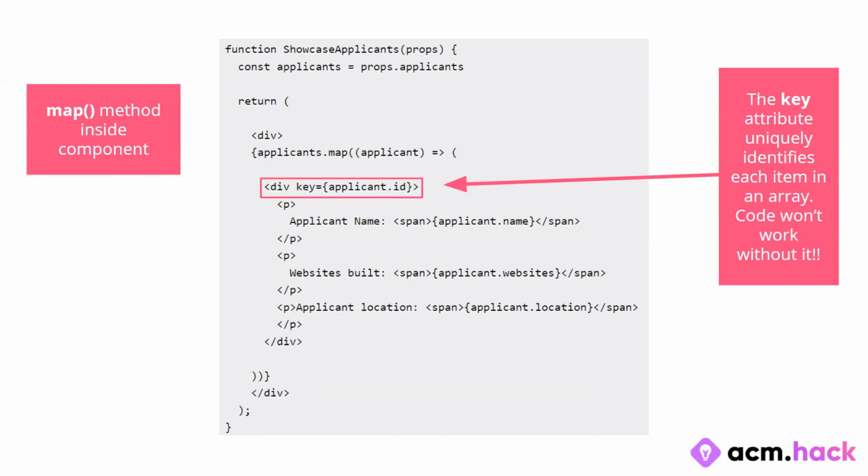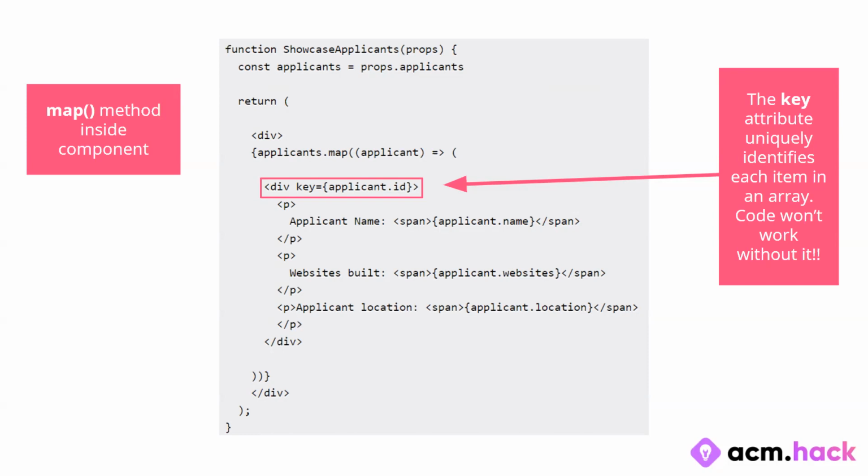We're doing something with each of the applicants in our applicant array and returning different sections, different elements with paragraph tags and so on, using the applicants in the array.